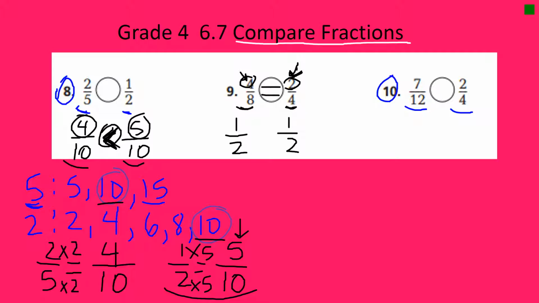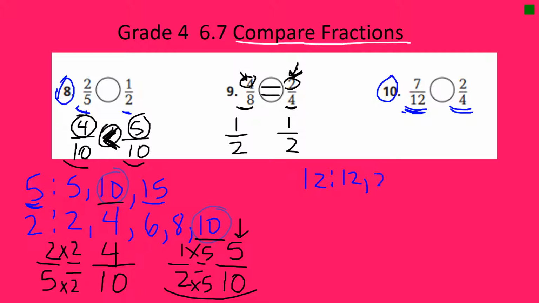Now remember what we said, if one denominator is a factor of the other, right? 4 is a factor of 12. So 12 is a multiple of 4. So instead of trying to find a common multiple, we have one right there. It's 12.